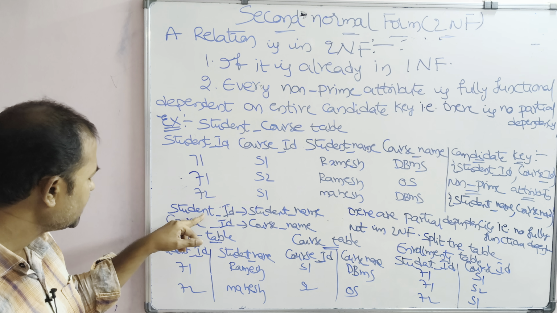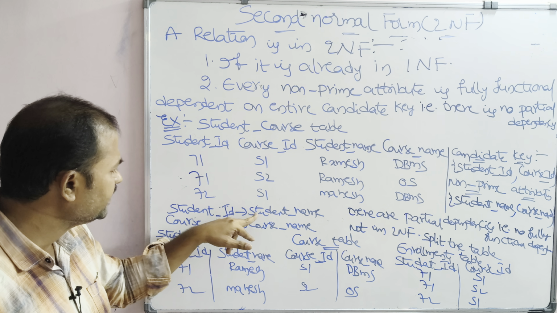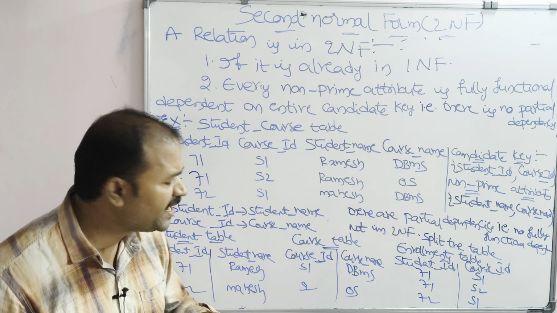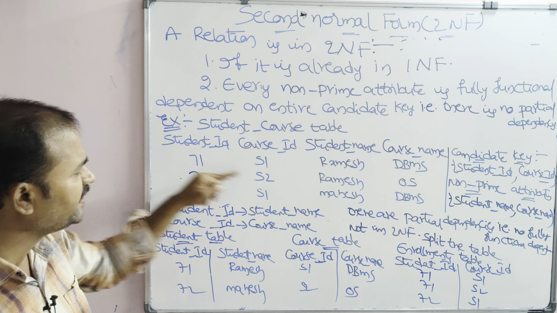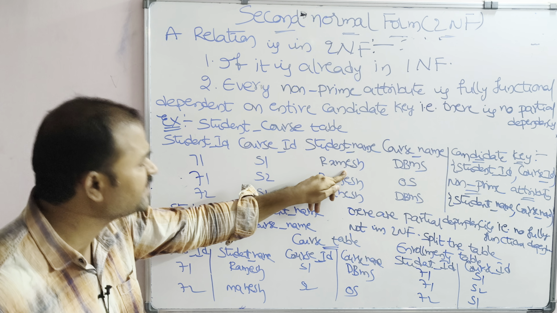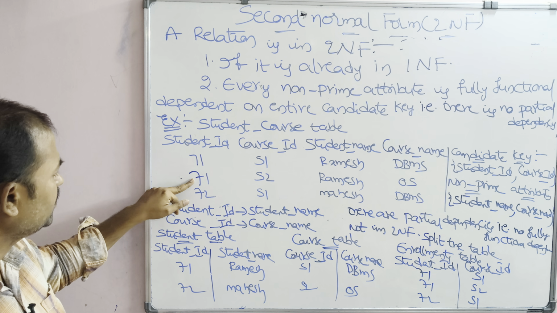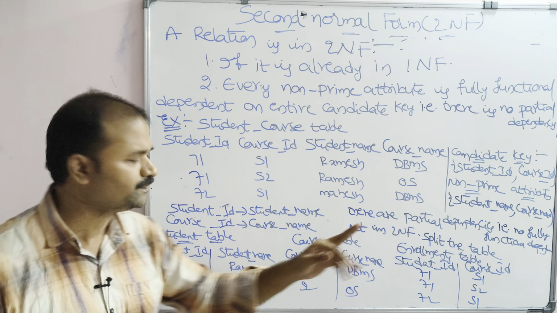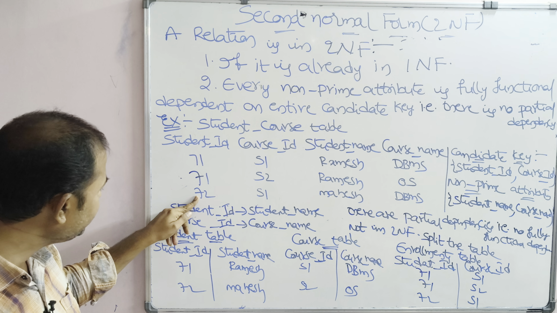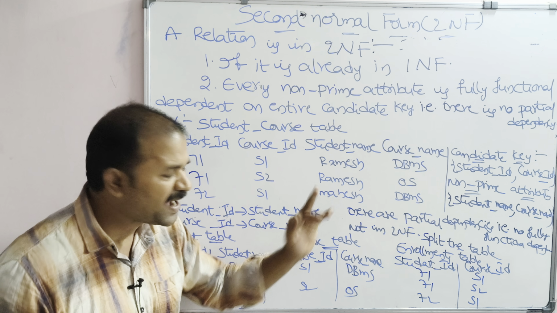That means if we know the student ID, then easily we can determine the student name. If the student ID is 71, then the student name is Ramesh. So in the entire table, if the student ID is 71, then the name is Ramesh only. Next, the student ID is 72, name is Mahesh.